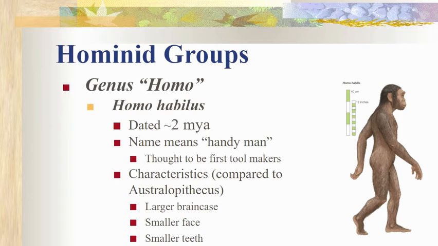Habilis means handyman, and they named it this because this species is thought to have been the first tool makers. When comparing Homo habilis to Australopithecus, Homo habilis has a much larger brain case, meaning its cranium is larger, so it would have been able to support a larger brain. It had a smaller face and smaller teeth.